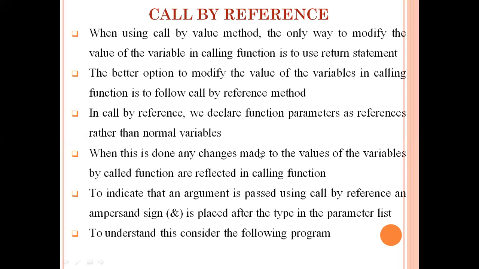Therefore, all the changes done by the called function are directly reflected at the address of the memory location. So whatever changes are done by the called function will also be reflected in the calling function, because the values of the variables are actually stored in the same memory location.